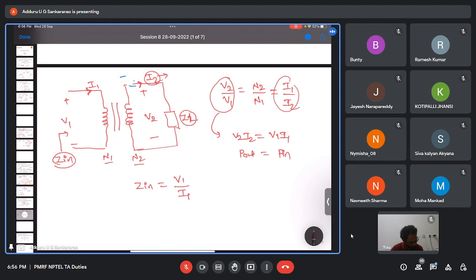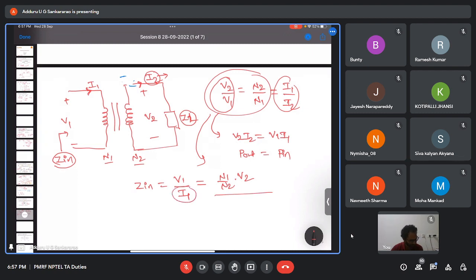Now what is V1? In terms of V2 I'll express. So V1 is what in terms of V2 from this equation? V1 is N1 by N2 into V2.